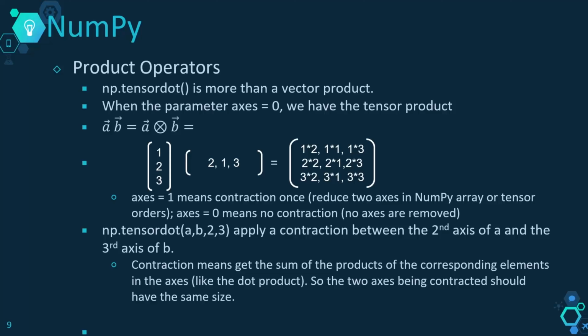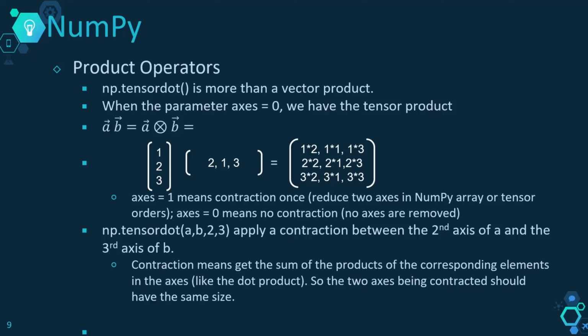And axis equals 0. That means you don't do any contraction at all. Just like here, you have this first orders, right? You have this first order, 2 first order tensors or vectors, and then you do this outer product. There's no contraction, so that's why here this parameter equals 0. In that case, order 1 and order 1, then the product of them will give you order 2 tensor.